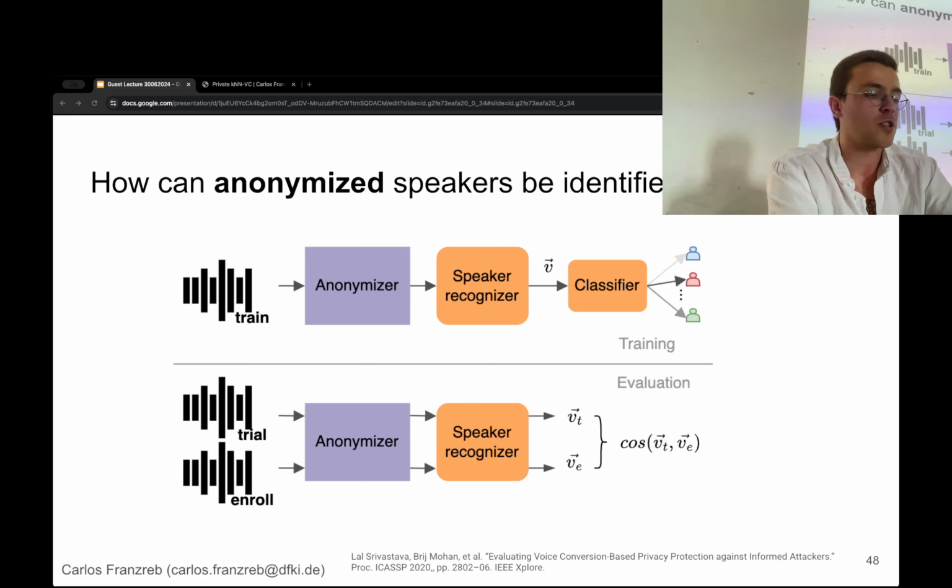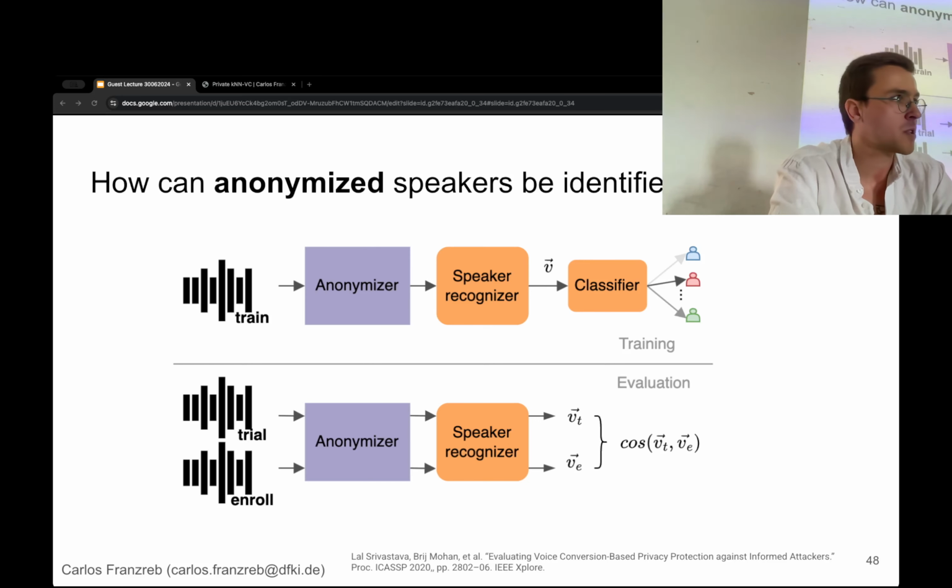So the evaluation consists of two sets of utterances, the trial utterances and the enrollment utterances. The speakers that you're evaluating are present in both sets, and the trial utterances are the ones that you are trying to identify. Imagine an attacker which has certain utterances called the enrollment utterances, which the attacker can use to identify the trial utterances, which are their objective.